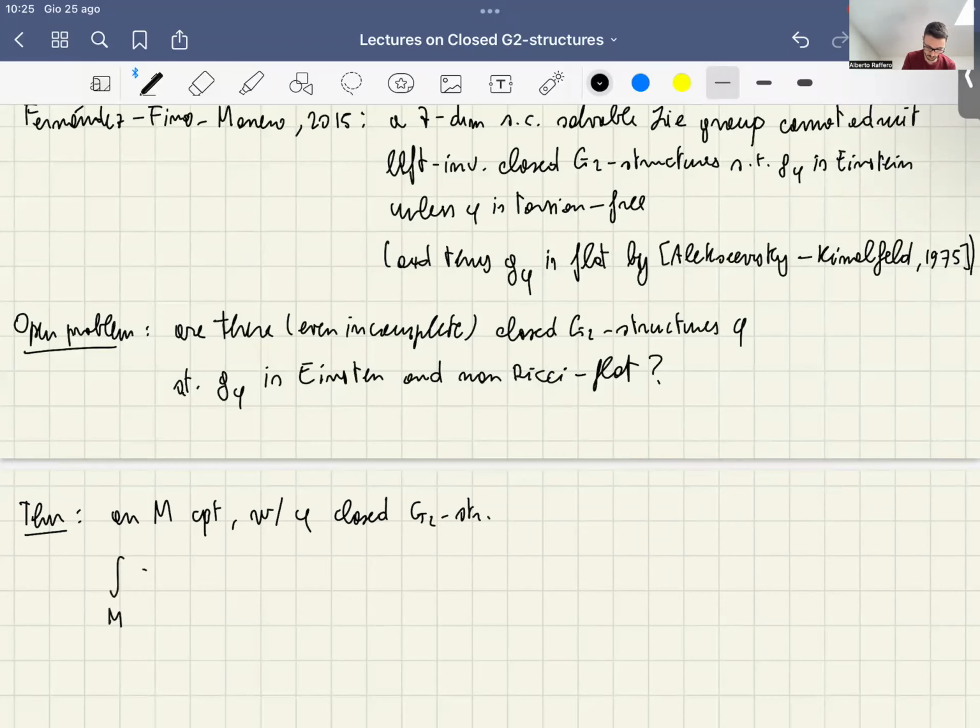In particular, you can show that if you take the integral over the manifold of the square of the scalar curvature, then this is bounded above by 3 times the integral over the manifold of the square norm of the Ricci tensor.